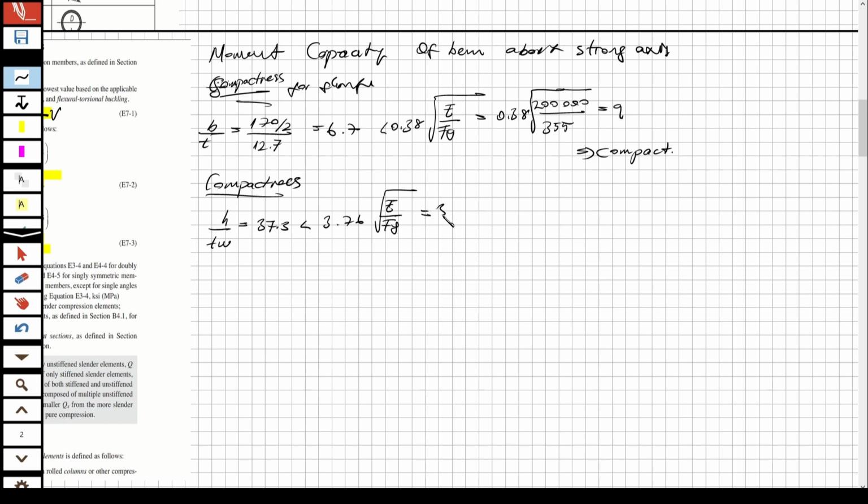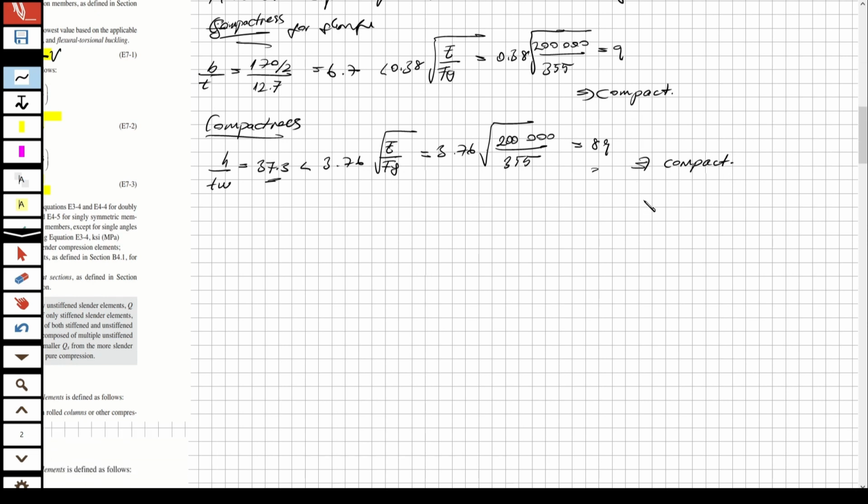So 3.76 multiplied by 200,000 over 355, and this is 89. So this is smaller than this value, so the web part is also compact. So now we have both parts compact.